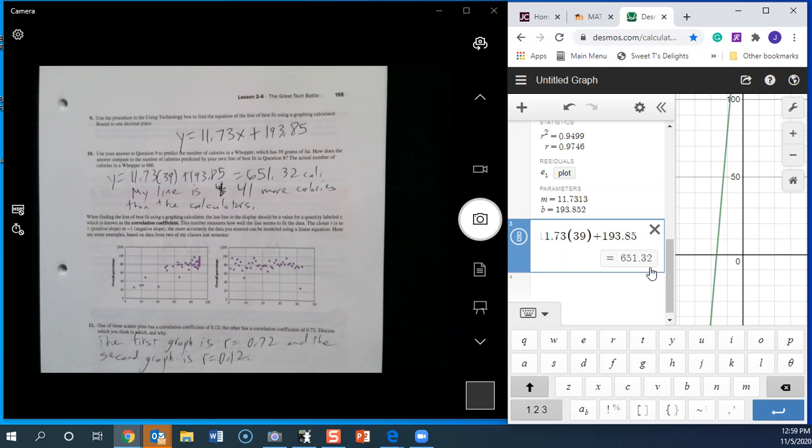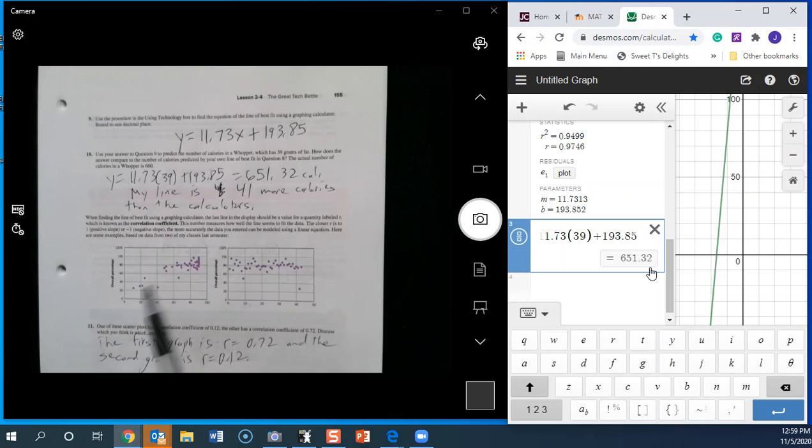And if you look here, remember, this is a positive trend and it's more like a line here.